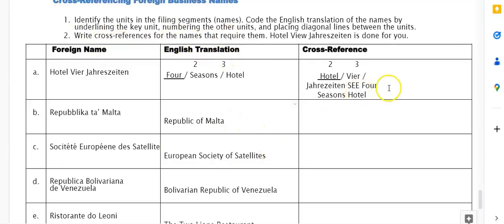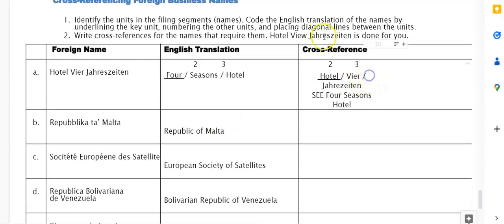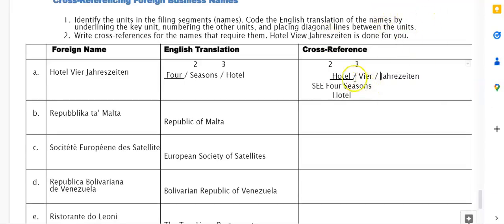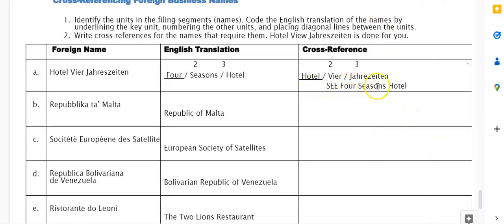So here's an example. Hotel Vir Jarnzijtien: hotel is my key unit. In my cross-reference card, Vir is Unit 2, Jarnzijtien is Unit 3, and the C notation is C Four Seasons Hotel.